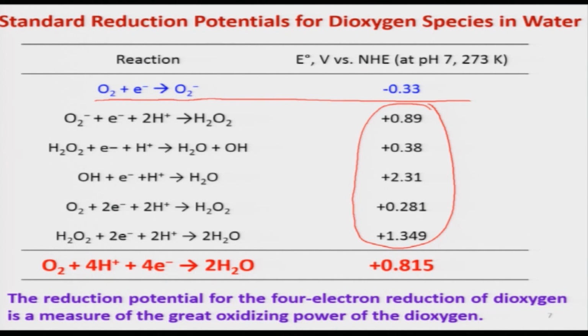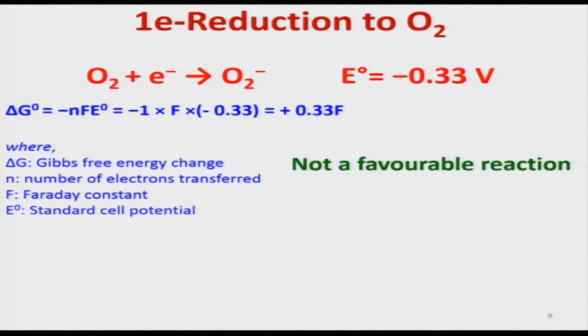This reaction indeed represents the major source of energy in aerobic organisms when coupled with oxidation of electron rich foodstuff such as glucose. Let us look at that one electron reduced species O2 plus electron to O2 minus, as I have shown, that the potential E0 is negative, minus 0.33.